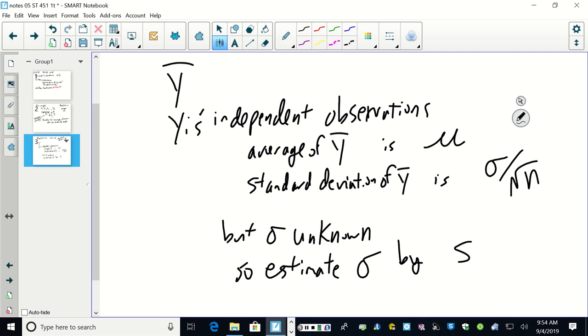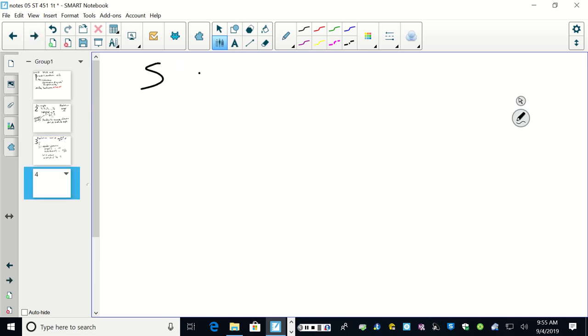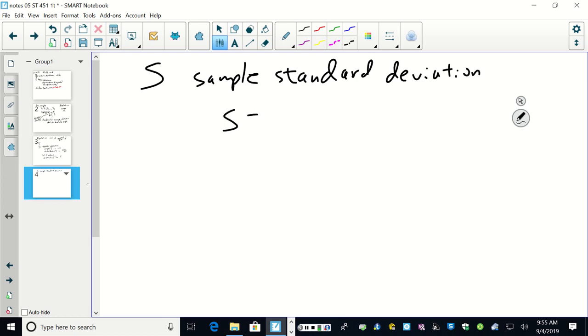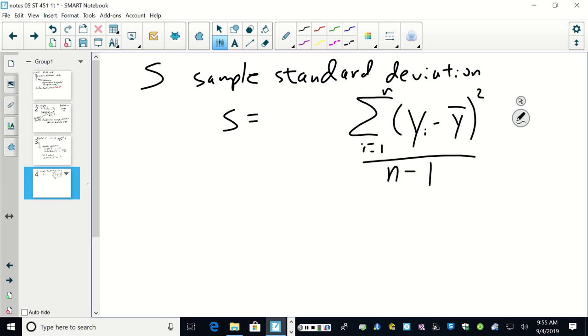So the sample standard deviation S is the sample standard deviation of the n values we have. So S is, we're going to add over all of our cases the yi minus y bar squared, divide by n minus 1 on the sample size, and then take the square root of all of that, so we'll get that value.